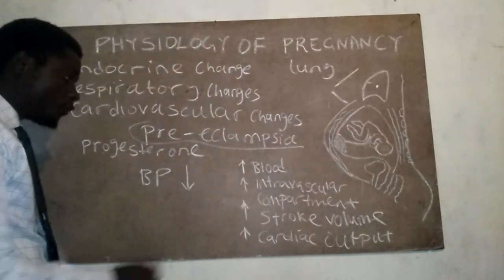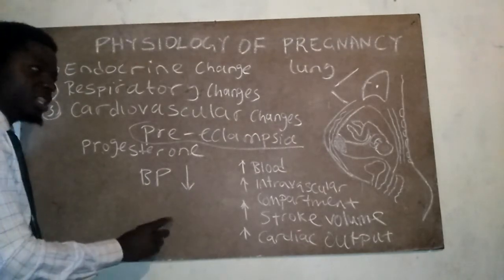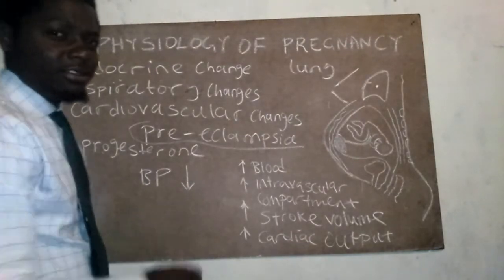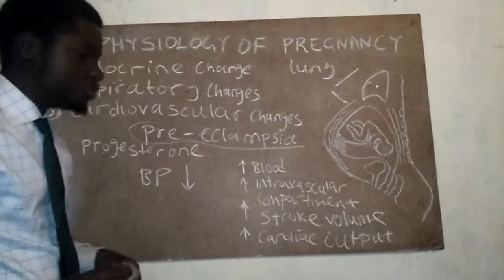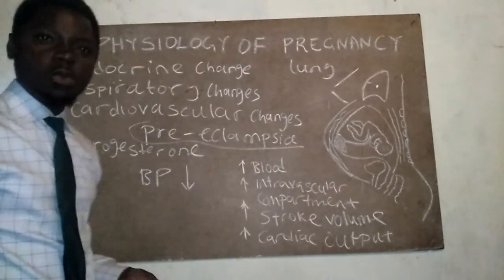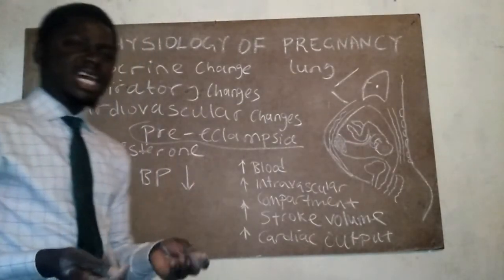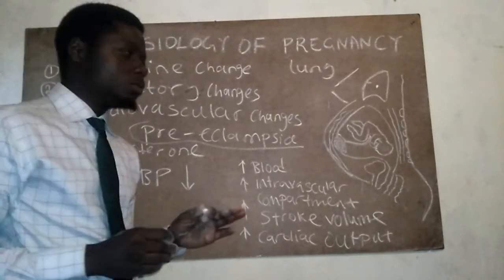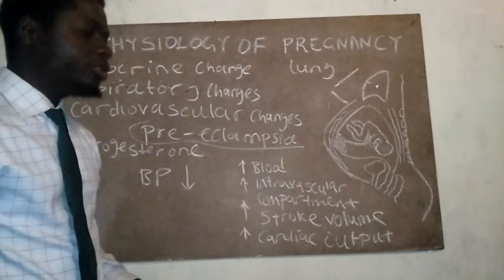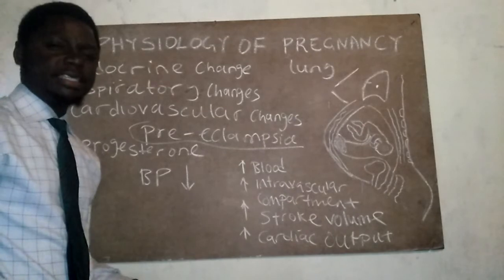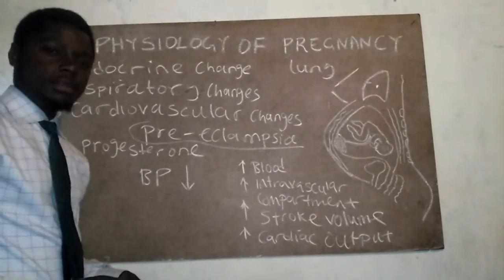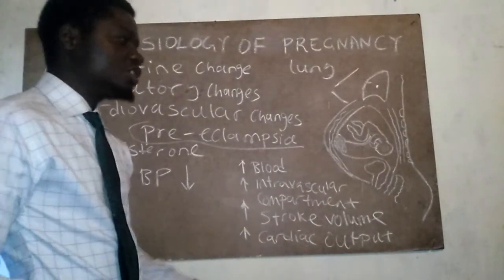So very, very important to notice that the blood pressure in maternity reduces as a result of progesterone, because it's going to cause vasodilation, and that will allow for more blood to go through the uterine and then through the placenta so that the baby can be nourished with these nutrients coming in from the mother.